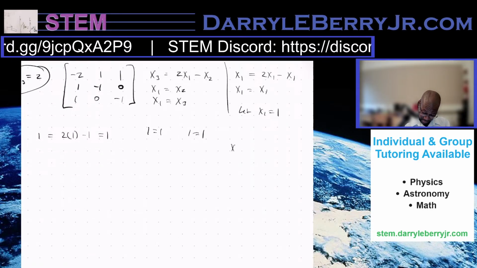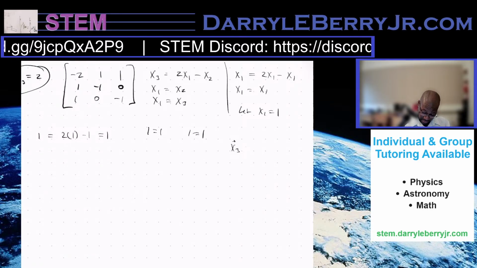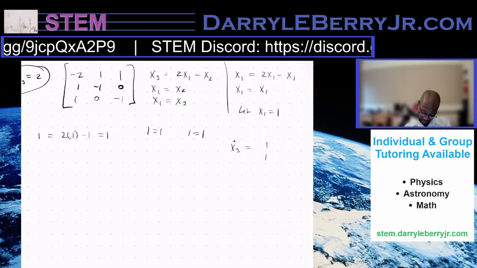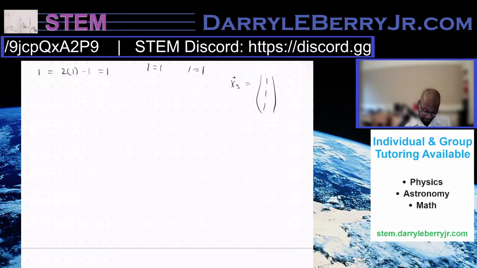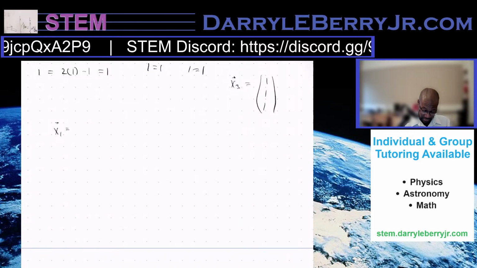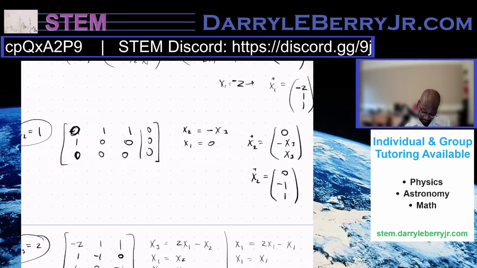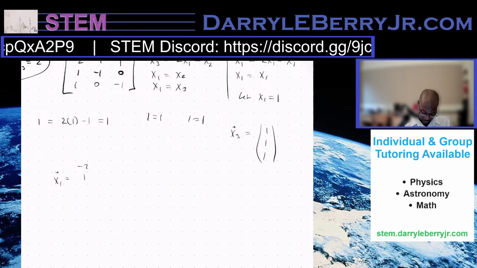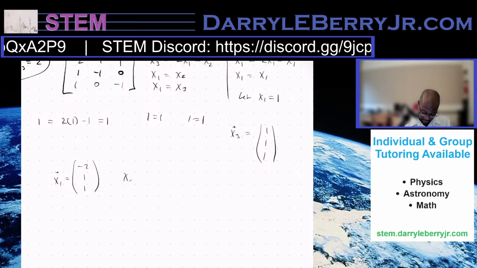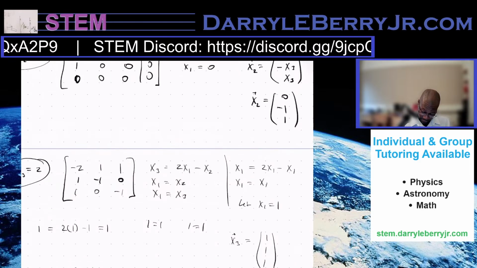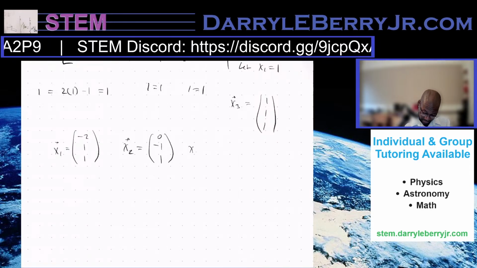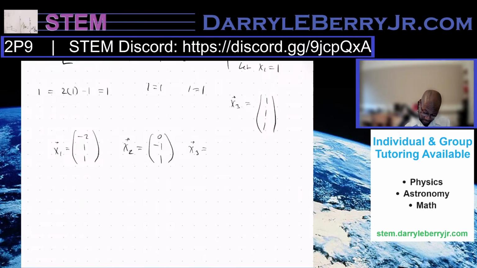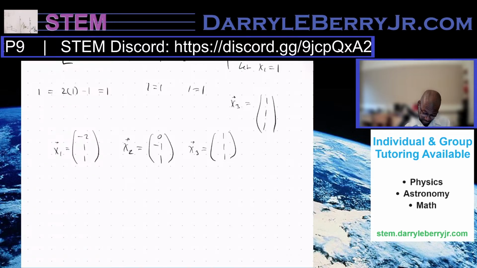So the third eigenvector is 1, 1, 1, which does match what the book has. So x1 equals negative 2, 1, 1. x2 equals 0, negative 1, 1. And x3 equals 1, 1, 1.